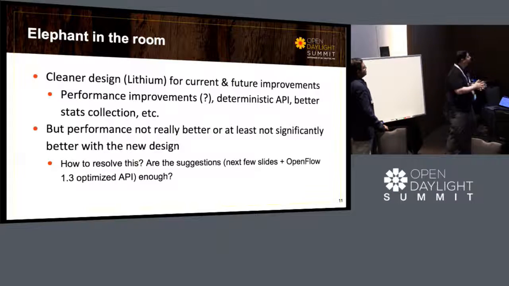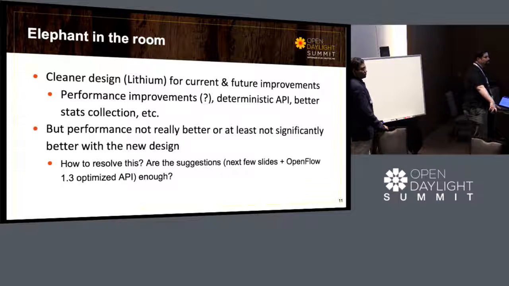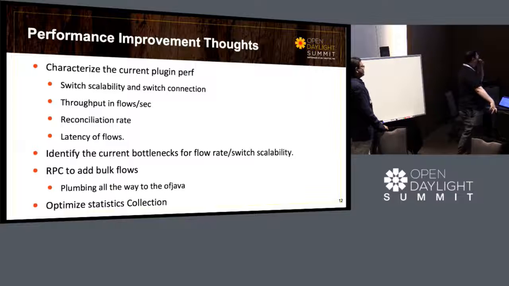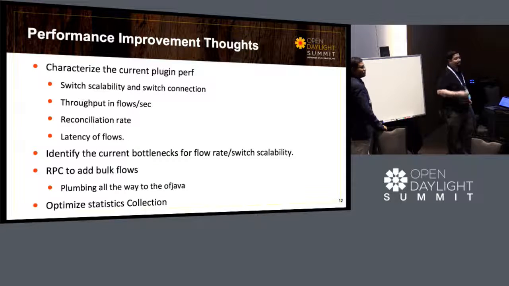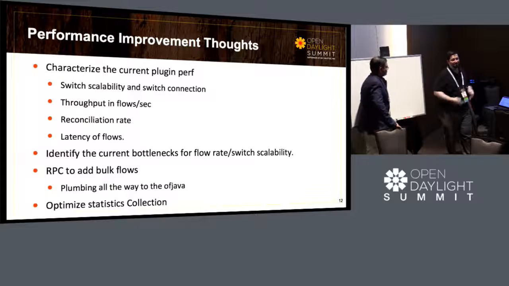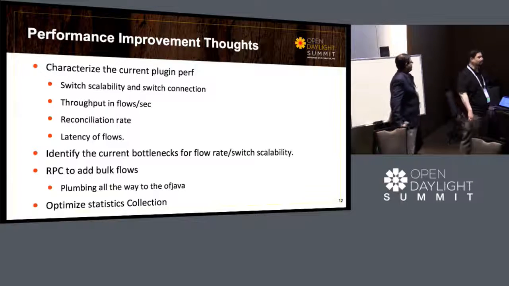So that is something we need to look into a little bit. There are several suggestions regarding this and on how to resolve this. They are on the next few slides, and what we discussed earlier about this OpenFlow 1.3 optimized API path. But we'll need to look into it. With this, I will give it to Shua to go through some of the suggestions that have come.